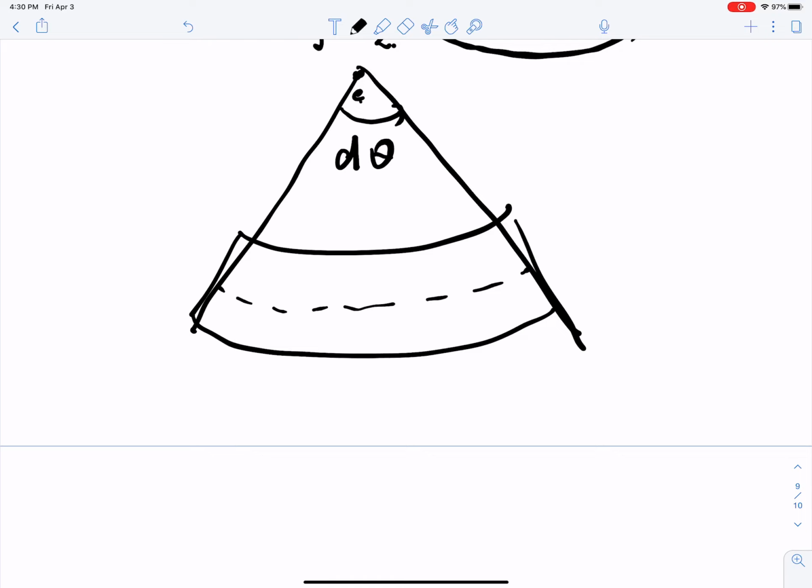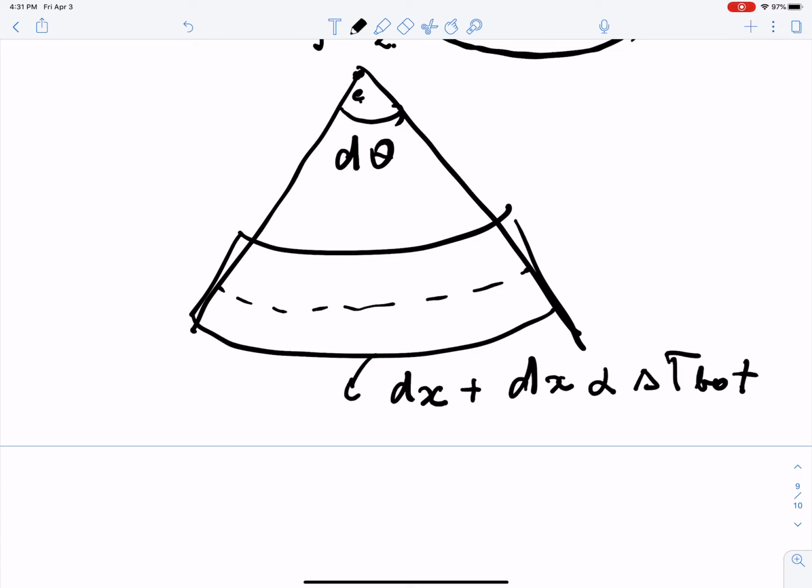Now, this piece used to be size dx, but the new size is going to be dx plus dx alpha times delta t bottom.